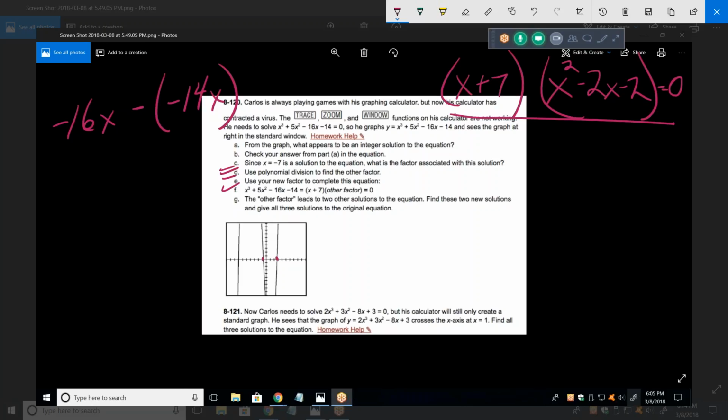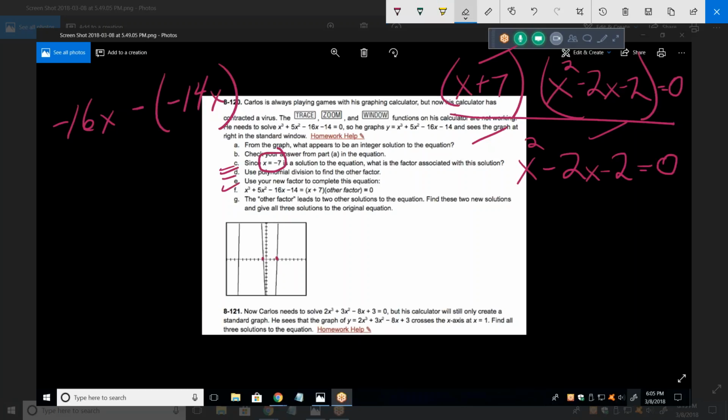The key principle here being that if you're multiplying two things together and they're equal to 0, well then either that's equal to 0 or that's equal to 0. Well, when I set the first one equal to 0, I got my x equal minus 7. So I already know that's one solution. I don't need to worry about that, but we do need to worry about this. So we're going to set this equal to 0 and solve it.